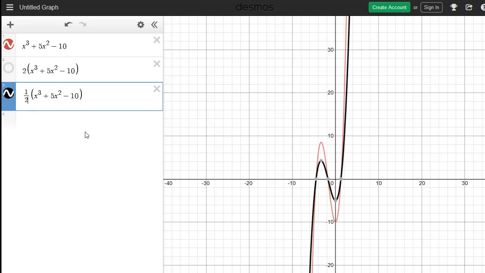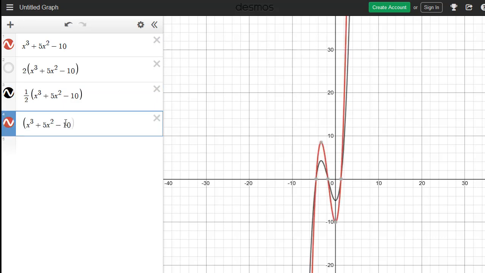Or take the entire function and then just divide by 2. It's exactly the same. Both of them give exactly the same function.